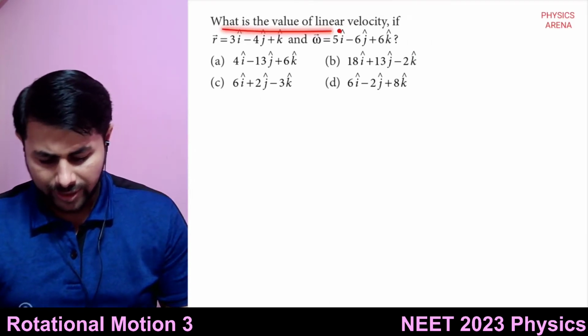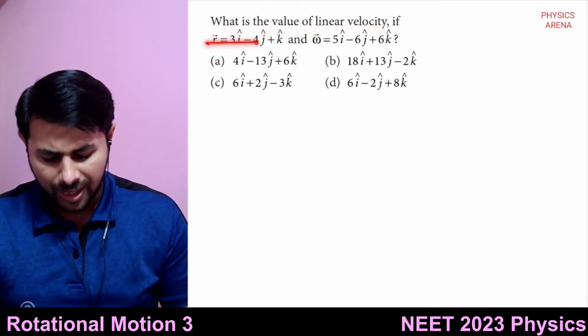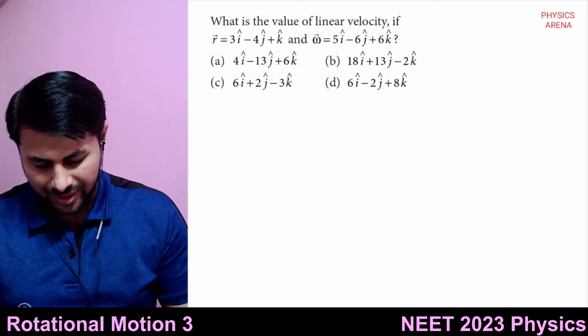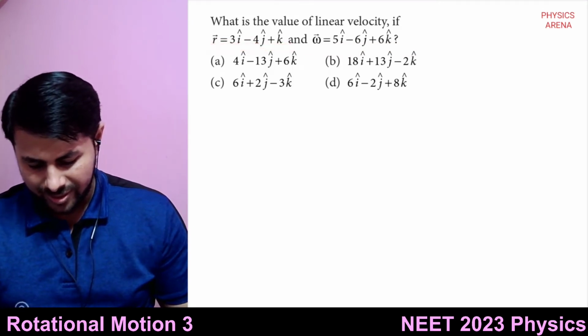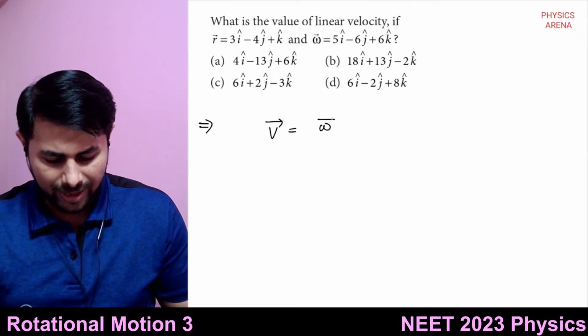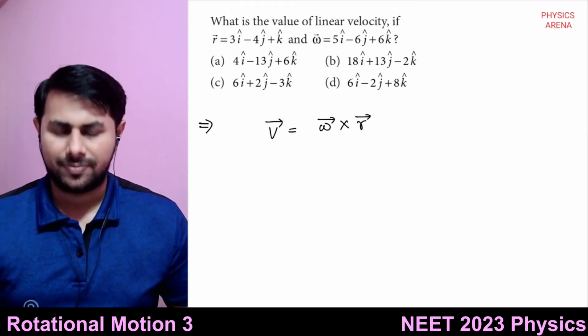Okay, so what is the value of linear velocity if r bar is this, omega bar is this? These are all NEET questions. So how do we find it? V bar is equal to omega bar cross r bar.